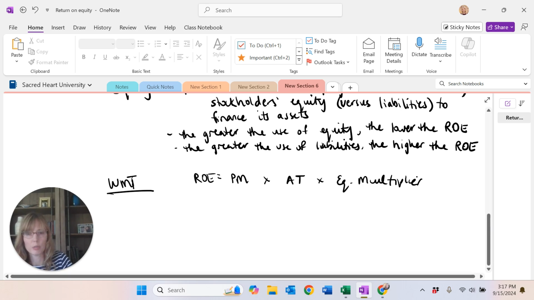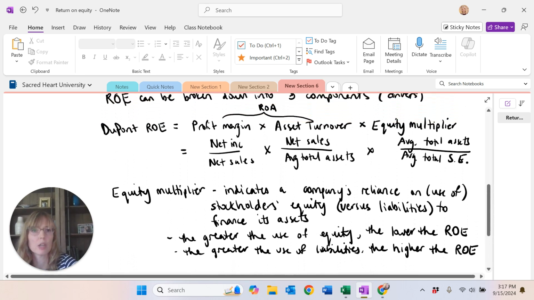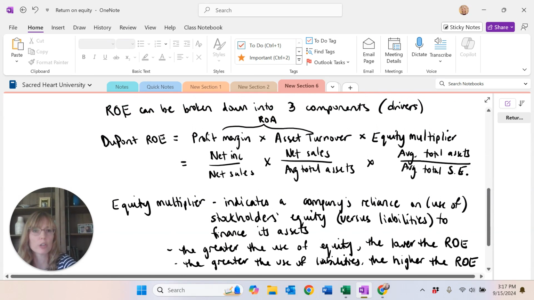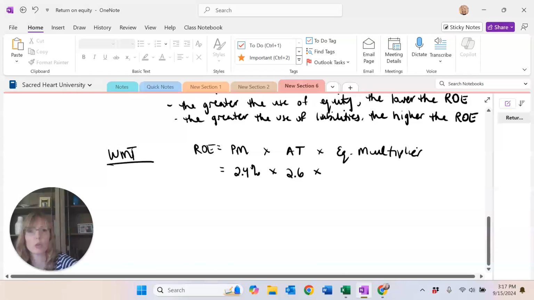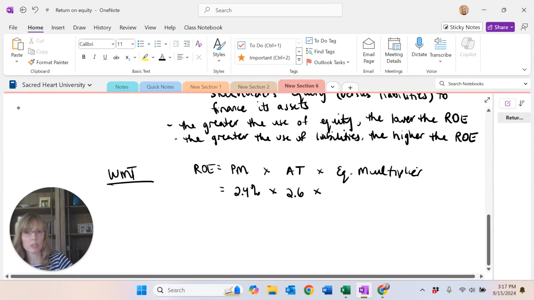And for Walmart, the profit margin was 2.4%, asset turnover 2.6, a number, not a percentage, a number of times. And the equity multiplier, that's also going to be a number of times. How many times greater were your assets compared to your stockholders' equity? So we're not going to look at this in a percentage, but a number of times.